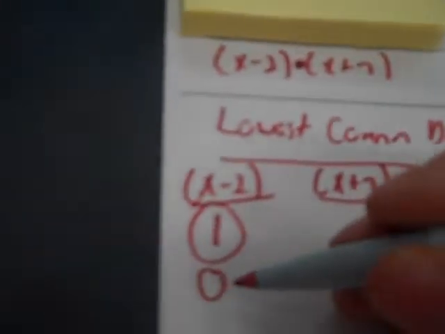This one, instead of having 0, it needs to have 1. So times x minus 2. Now, if I'm timesing the bottom, then I have to times the top by the same factor. Okay, you can't forget that. It can't just be the bottom. So now they both have 1 parentheses of x minus 2.